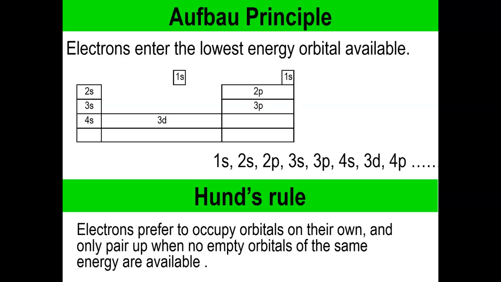And then the 3d is the element sequence at scandium through to zinc. And then the 4p is the last chunk we have to worry about, which is gallium up to krypton. Hund's rule, remember, was that electrons occupy orbitals singly and only pair up when there's no other alternative. So single occupancy before pairing, and spin pairing is less desirable than single occupancy. This leads to some of the issues we're going to come across.